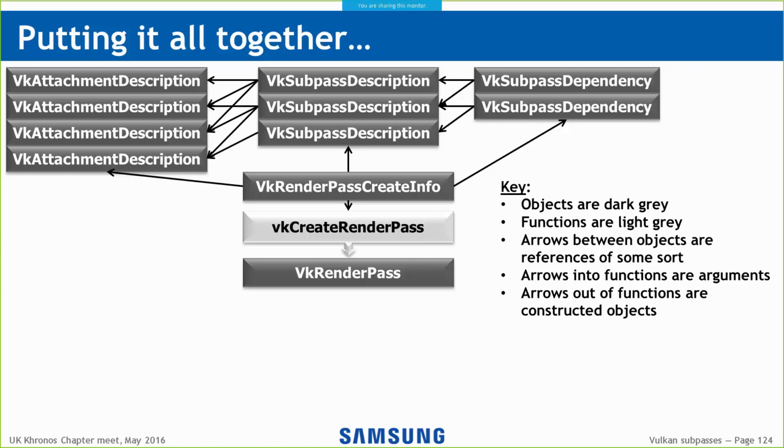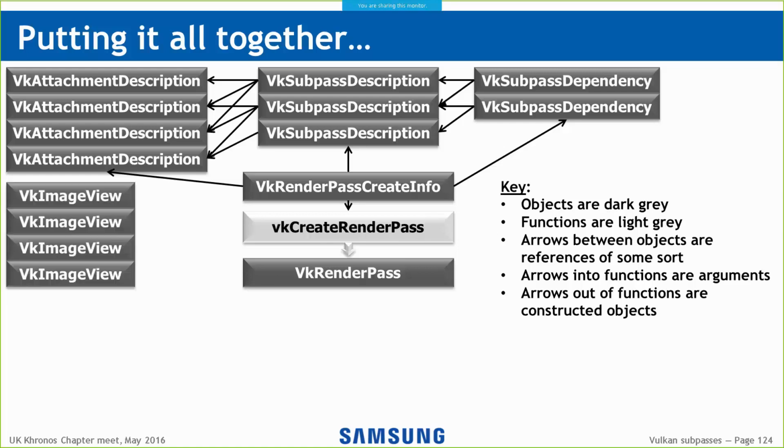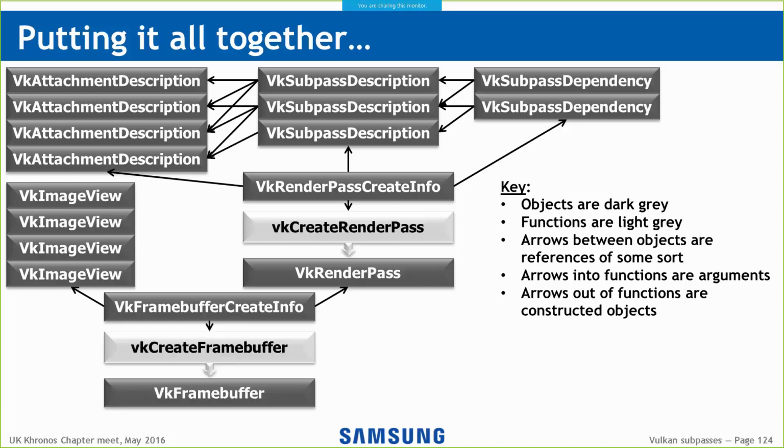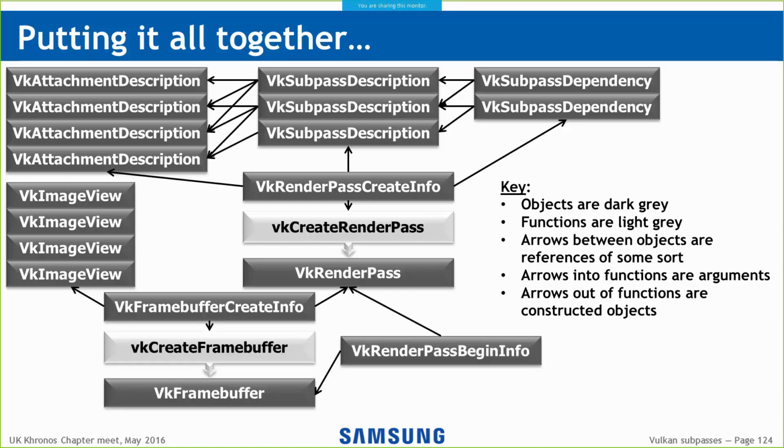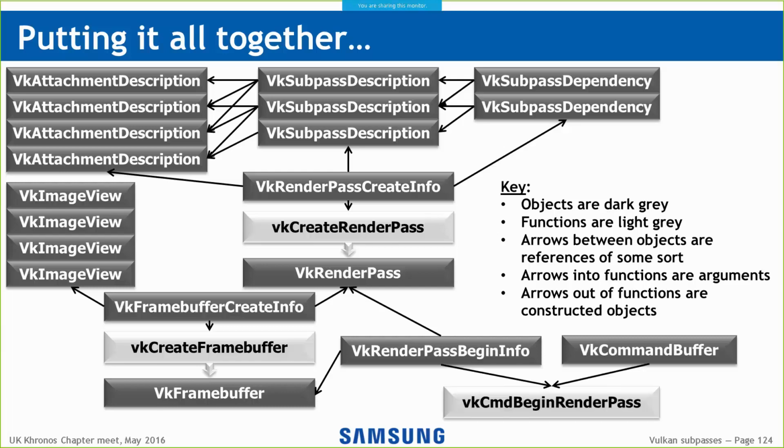Then when we're trying to use this, we have image views that point to real memory allocations. We pass that into the FrameBuffer create info, and use that to create a VkFramebuffer. Those are both referred to in the RenderPassBeginInfo. You also need a command buffer to execute on, and you pass all of that into the vkCmdBeginRenderPass, and magically you started using a RenderPass. So don't let anybody tell you Vulkan is complicated.